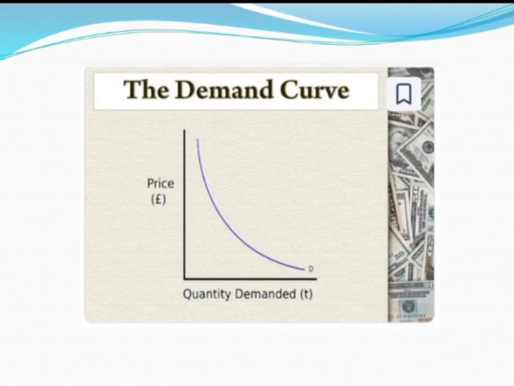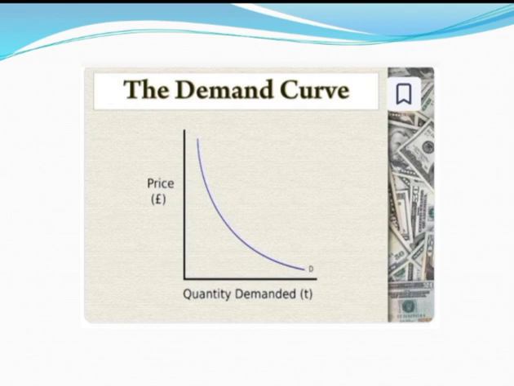So this is the demand curve. On the x-axis we see the quantity demanded at a particular time, and on the y-axis we see the price of the particular product, and the blue curve shows our demand curve.